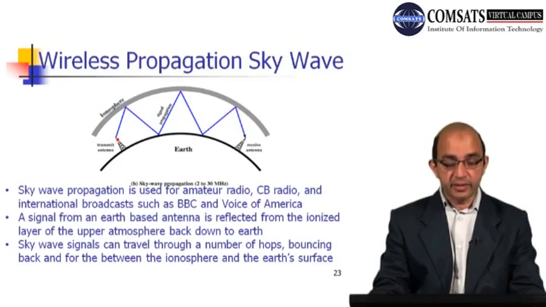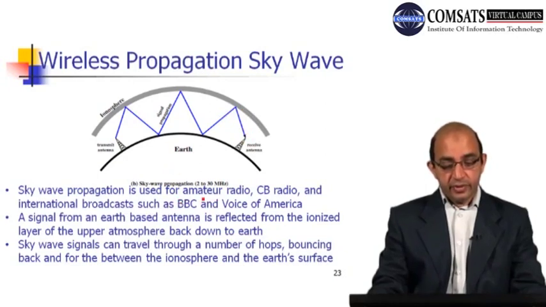So the antenna is transmitting, so the wave travels, right? So there is a reflection back and forth between the ionosphere and the contour of the earth, and that wave is received over here at the receiving antenna, right? So the utilization of this propagation mechanism is in amateur radio, CB radio, and international broadcasts, right?